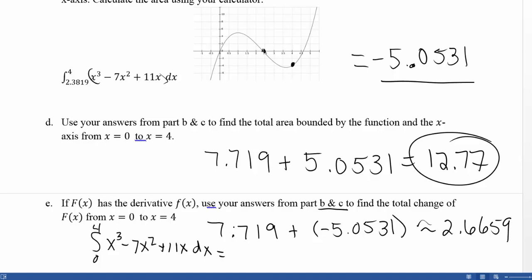When I plug that in on my calculator, I get 2.666 repeating, or 2.6667, which is pretty close to my approximation that I got adding up my areas. The difference is because I rounded in Parts B and C, and so there's a little tiny bit of rounding error, but as you can see, it's minimal. So again, area above positive, area below negative, but only when you're talking about derivatives and the change of the original function. Let's look at another example.